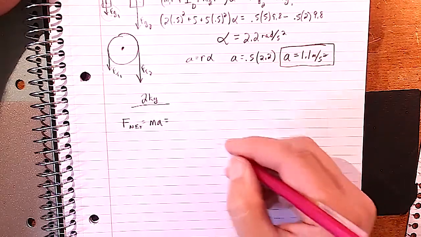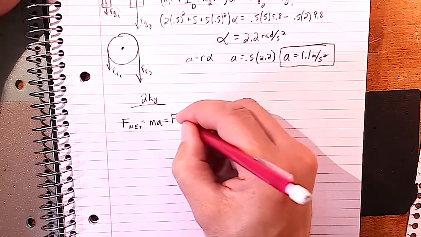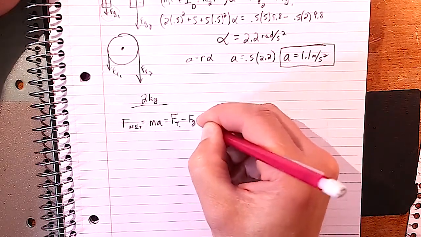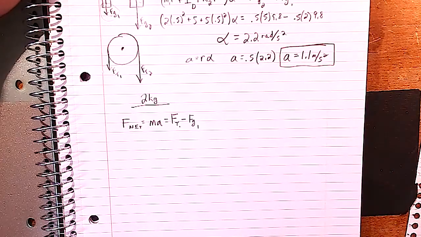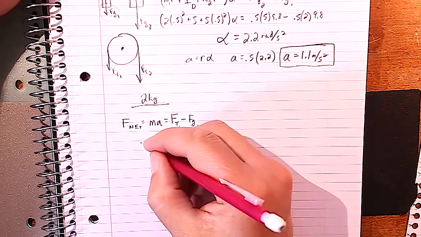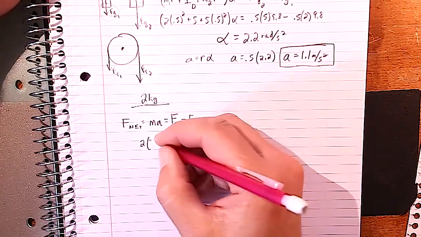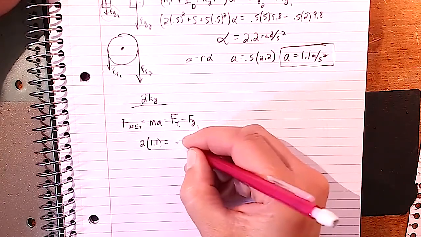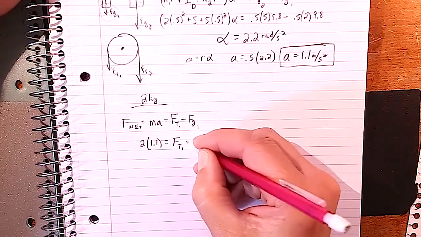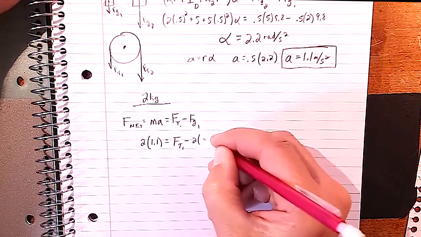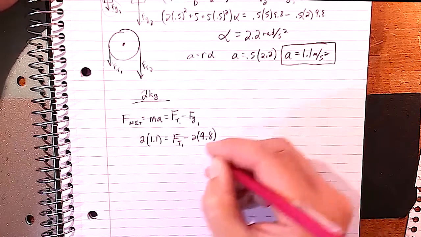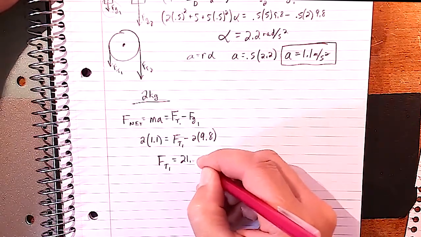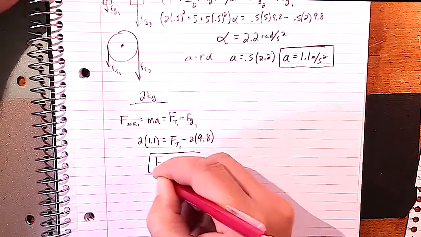And we have our force of tension 1, which is acting up, and our force of gravity 1, which is acting down. And then we know what acceleration is. It's 2 times 1.1. It's up, so that's positive, is equal to force of tension 1, our unknown, minus 2 times 9.8. And that gives us a force of tension of 21.8 newtons.